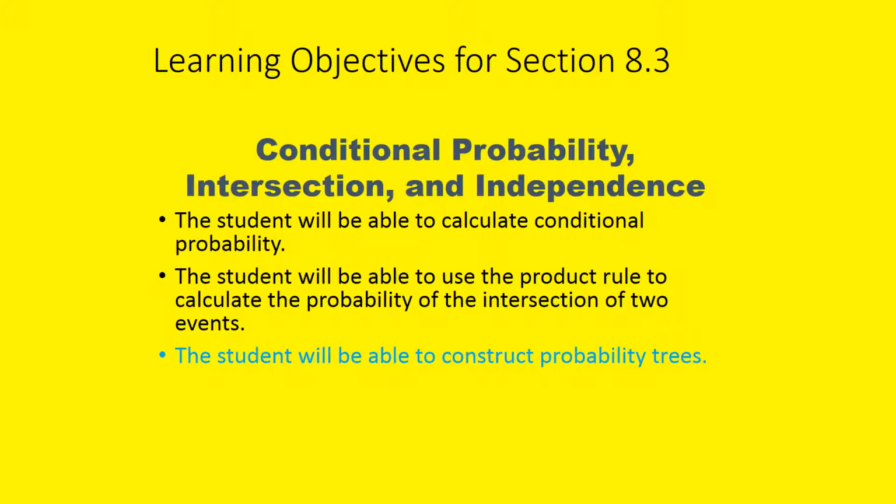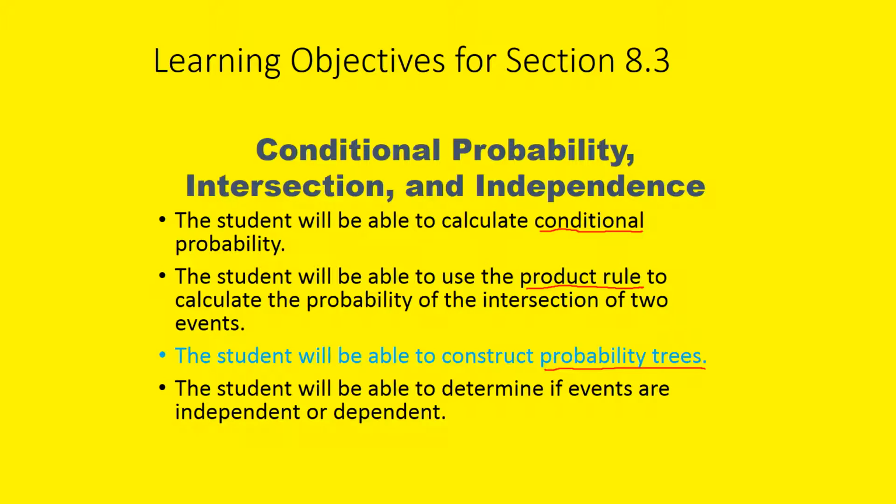So we did the conditional probability A given B is probability A and B divided by probability of B. And then we used a product rule, probability A and B is probability of A times the probability of B given A. And now we're going to use trees, probability trees, things you can see. And then next time we'll talk about independent, dependent.